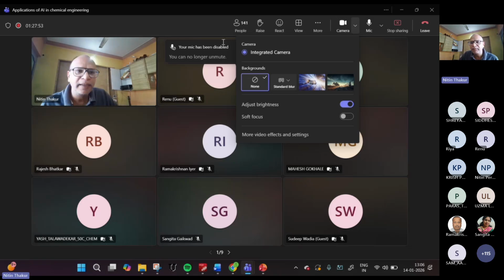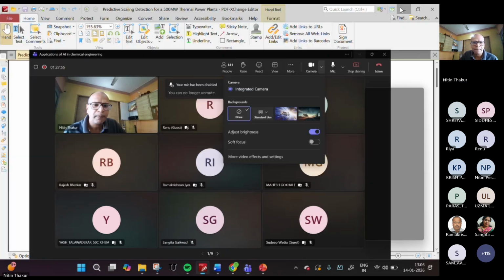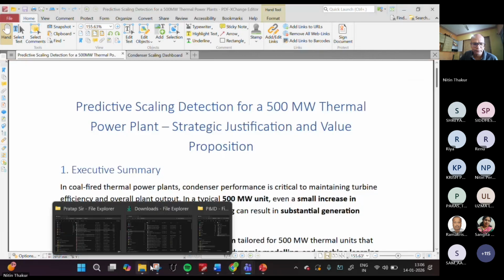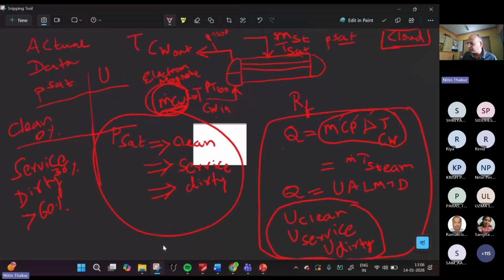After that, once these data are being stored in the cloud, there has to be some calculations done on this data to give me PSAT clean, PSAT service, PSAT dirty, U clean, U service, U dirty.